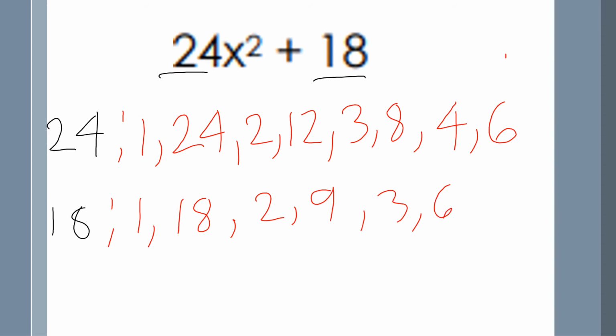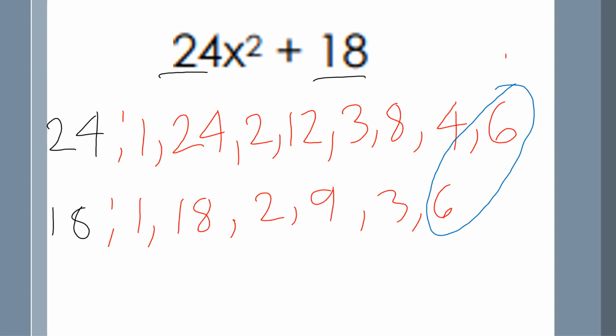With that being said, let's look and see what is the largest factor that 24 and 18 have? 6. They both have 6.